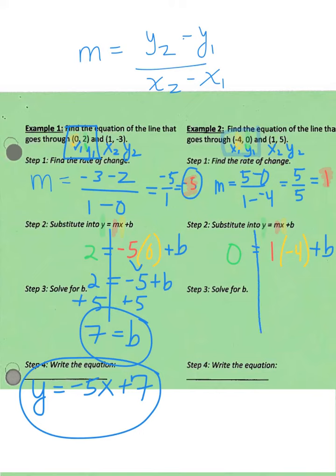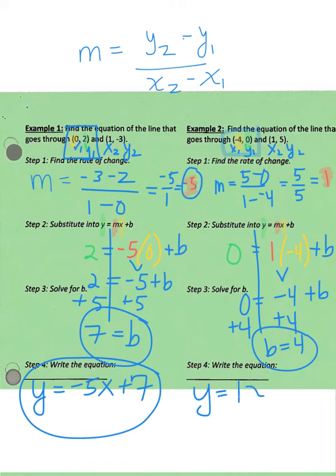So I go ahead and solve for b by multiplying 1 times negative 4, which is negative 4. So 0 equals negative 4 plus whatever b is. And so if I solve for b by adding 4 to both sides, I get that b is 4. So my equation is y equals m, which is 1x, plus b, which is 4.